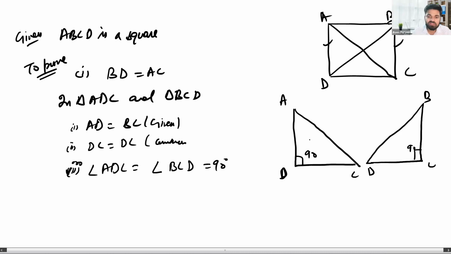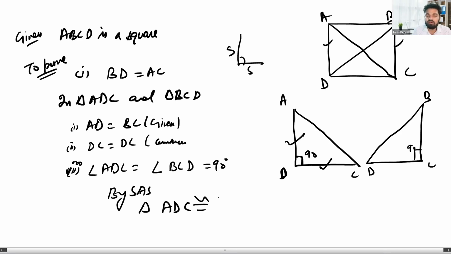SAS, because you have chosen this side, and the angle in between. So when you have side, angle, side, then it is SAS. So by SAS, triangle ADC will be congruent to triangle BCD.